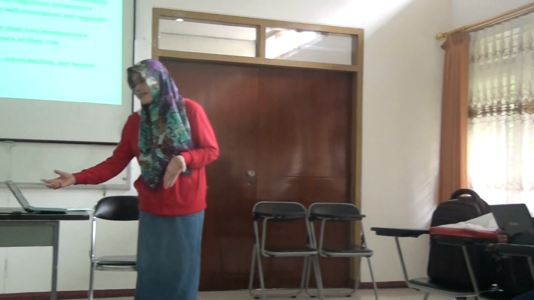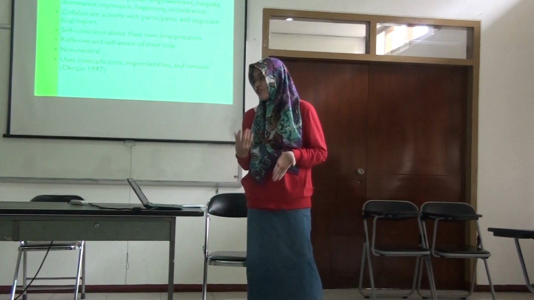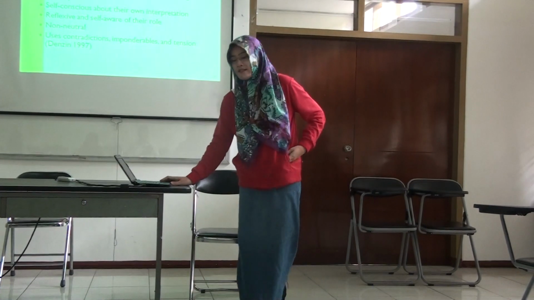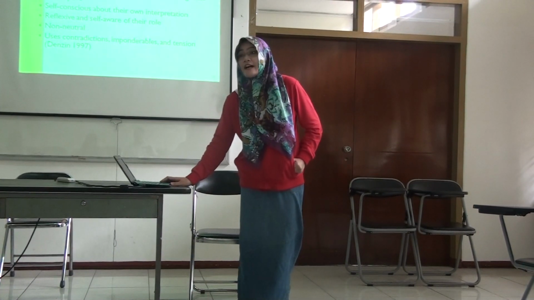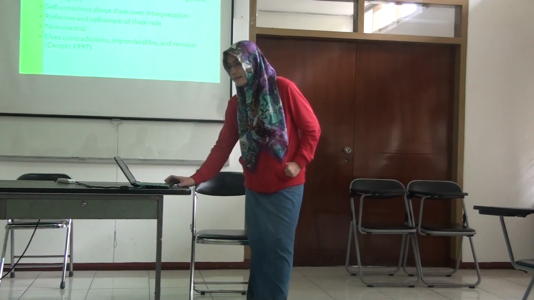Something which is not treated well, treated unfairly, will be advocated by the researcher. That's why in the report's interpretation, the researcher will use contradictions, undesirables, and tension. Of course, examples are also provided in the article in your handout.